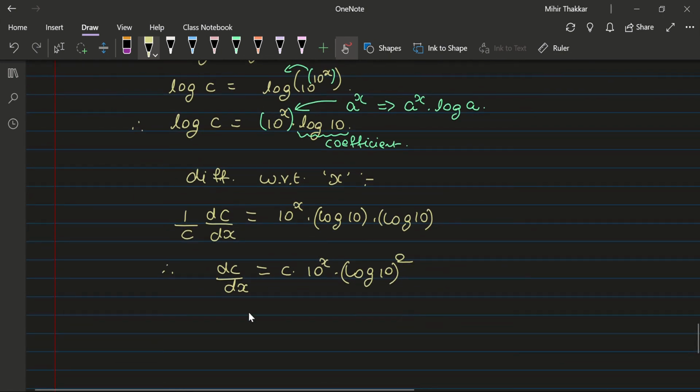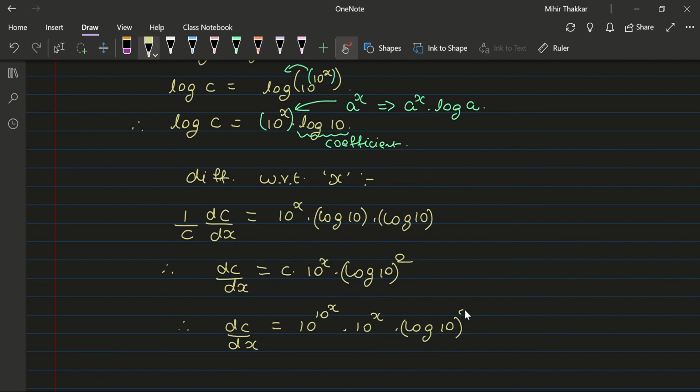Just substitute the value of c guys, and you are ready with your value of dc by dx, which is 10 to the power 10 raised to x again into 10 raised to x and log 10 the whole square. Students, once again for these both terms, I can use my property a raised to m into a raised to n, which is a raised to m plus n.